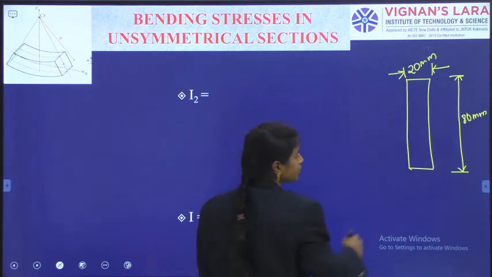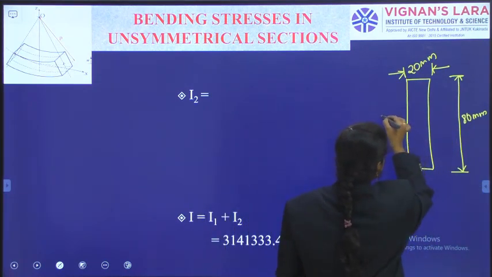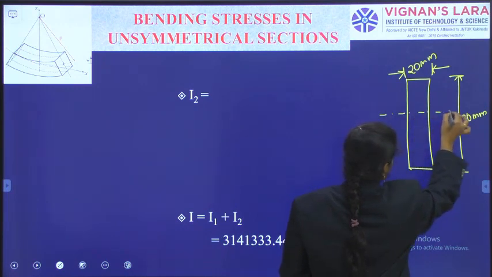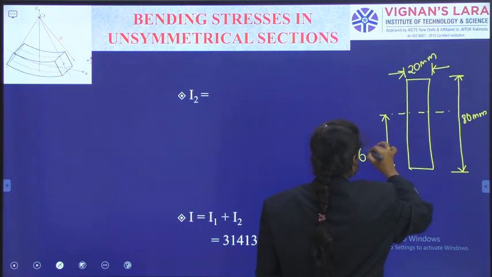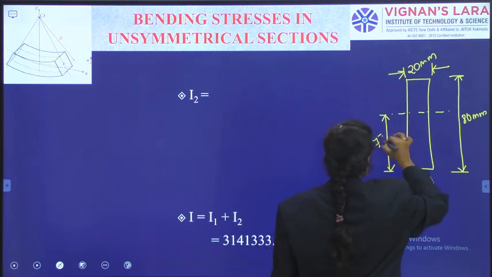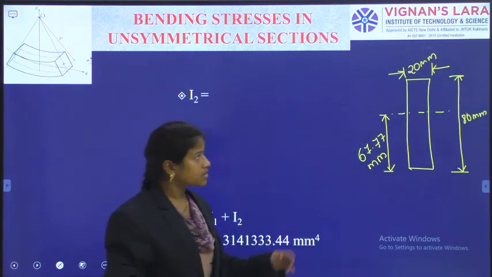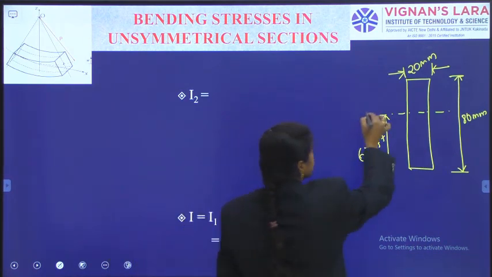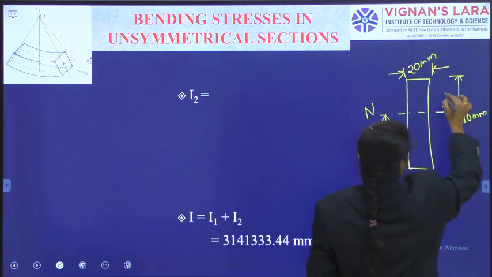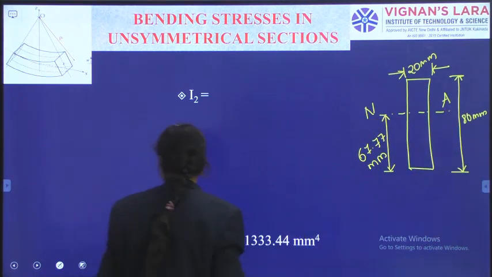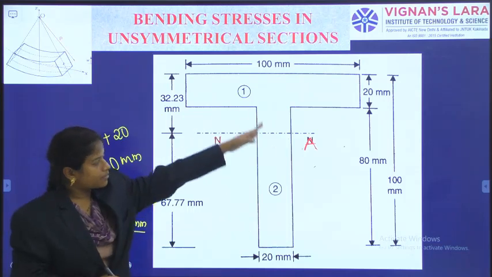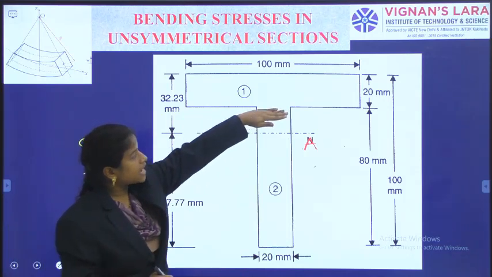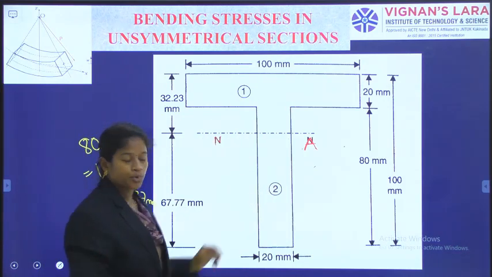And we are indicating the neutral axis location, which is at 67.77 from the baseline. Okay, so that is the neutral axis line for the second section. I am writing the second section only. Initially I took up to this portion, now I am taking the second portion.